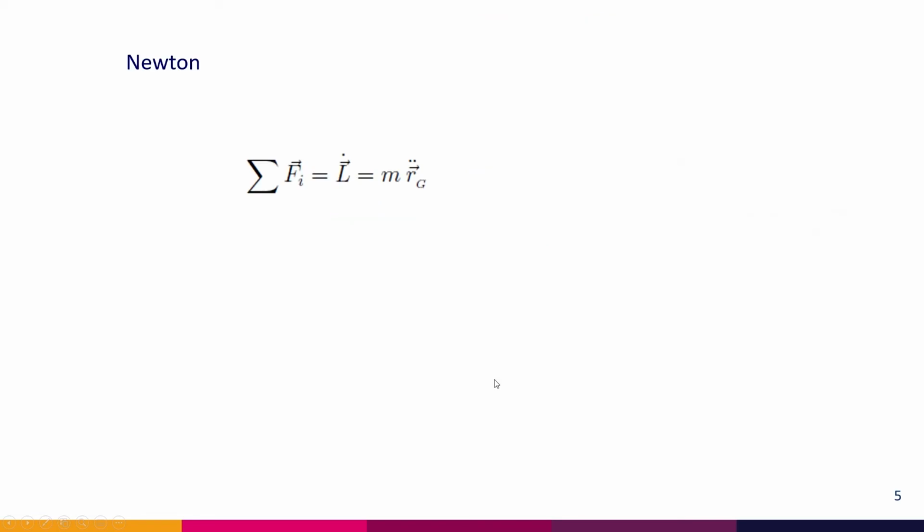Now, if we're thinking about body movement, we have to look at the equations of motion. So let's have a brief overview of these. Everyone will know of Newton's laws of motion, and the second law is written here. That says that the sum of the forces, the external forces applied to a particle or body, is equal to the rate of change of linear momentum.